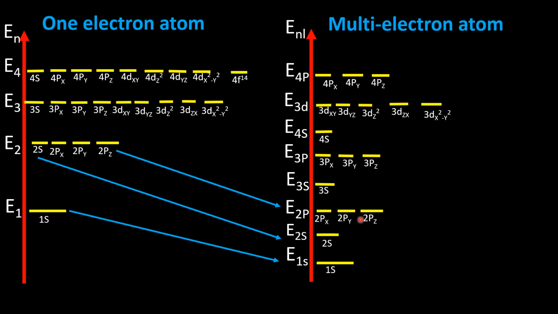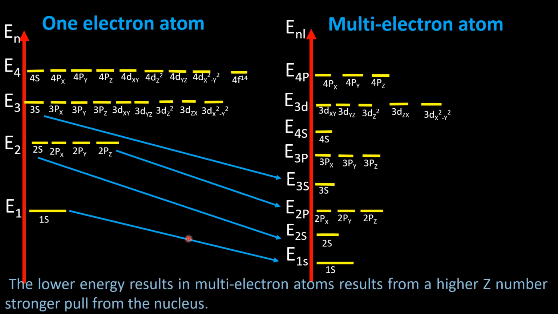In the same way, the other orbitals like 2s, 2p, 3s are lower in energy. Lower in energy means that they are close to the nucleus, with more negative binding energy, meaning more tightly bound to the nucleus as compared to the one electron system. Here you can see that 3s and the others are all lower in energy than their corresponding orbitals in the one electron system.